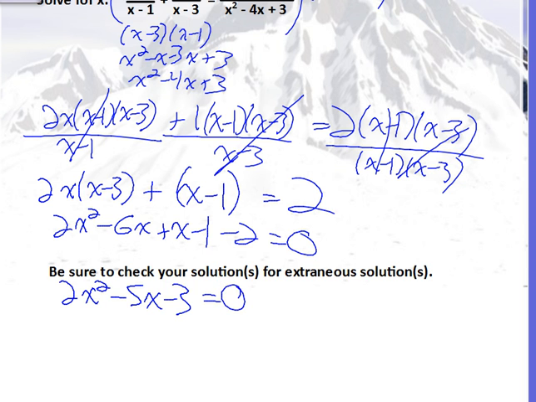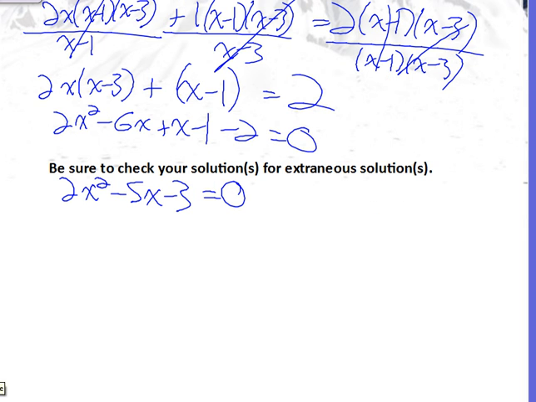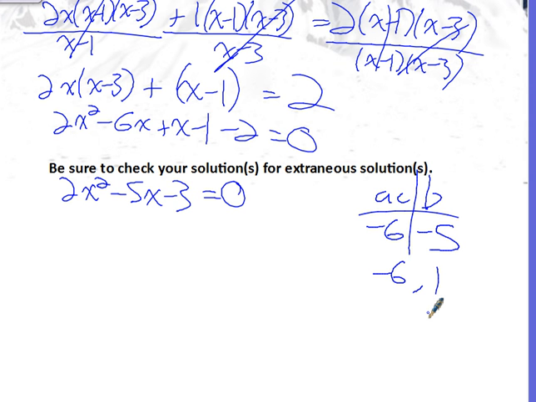So now I have something that hopefully can be factored. I'll try it out in my ACB method. AC is negative 6, B is negative 5. So two things that multiply to negative 6 and add up to negative 5. That looks like it's going to work with negative 6 and 1. So I have 2x squared minus 6x plus x minus 3. Next step would just be to factor by grouping.